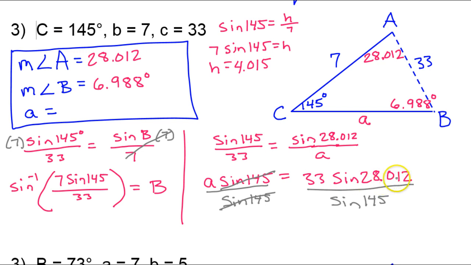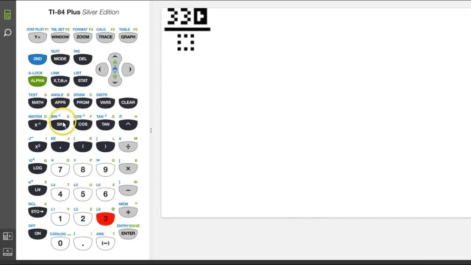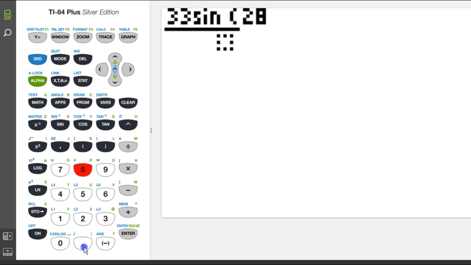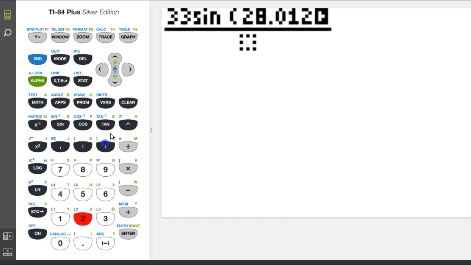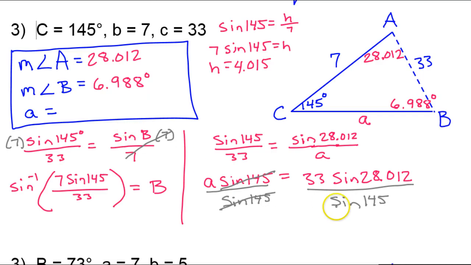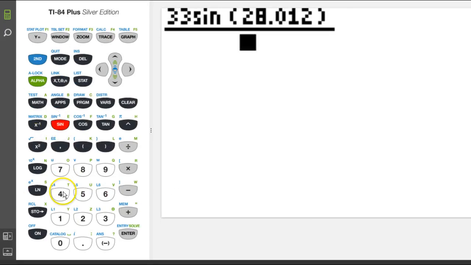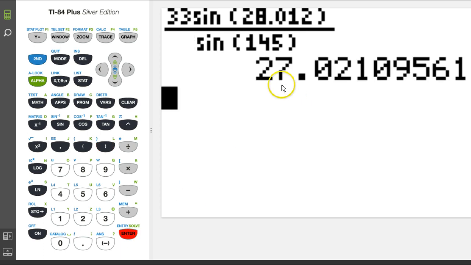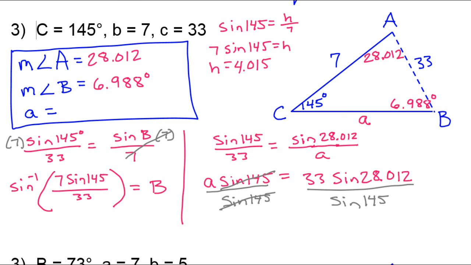Sine 28.012. And I'm getting 27.012. And that is the one and only solution for this triangle.